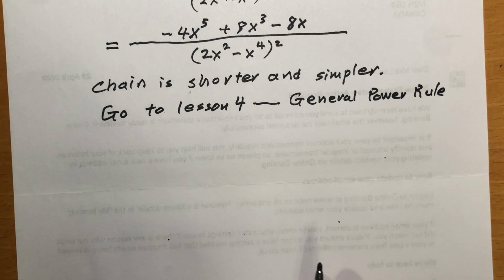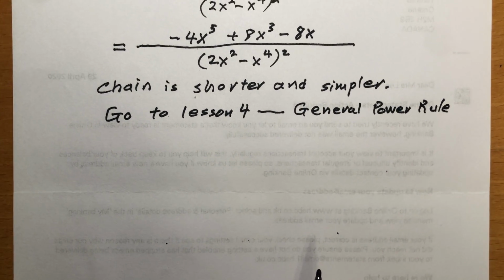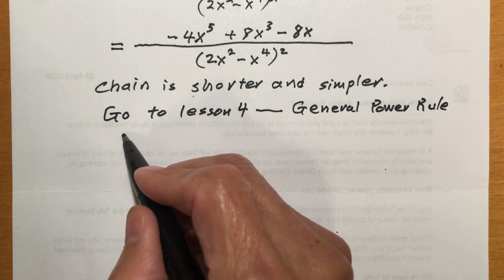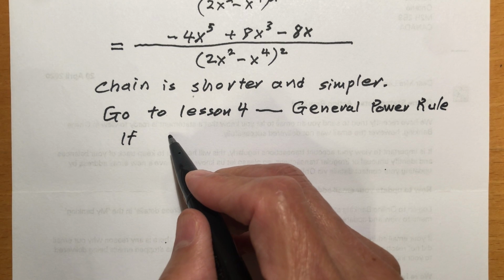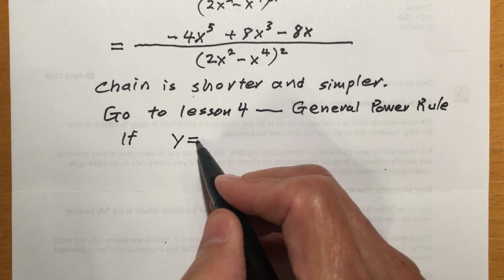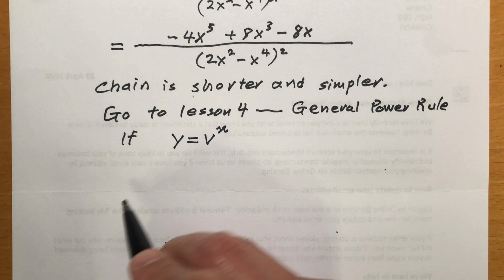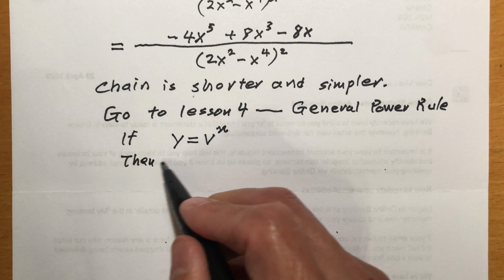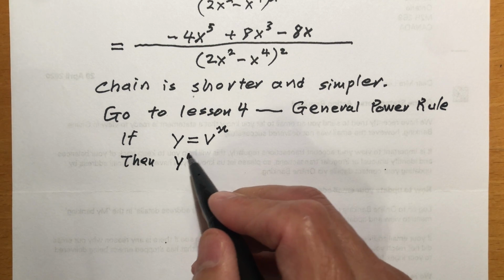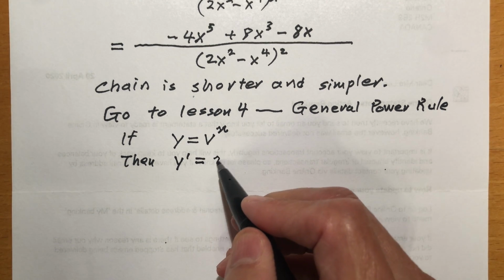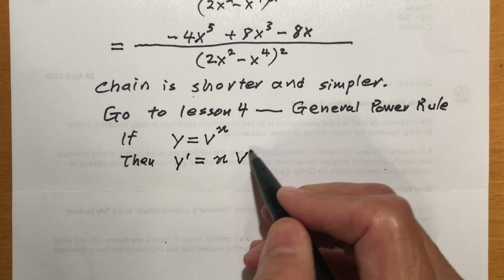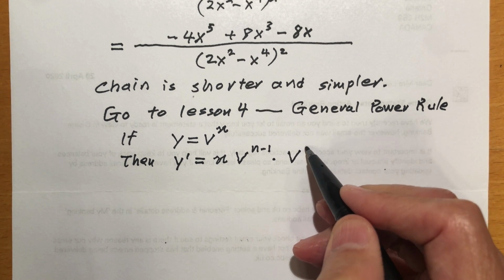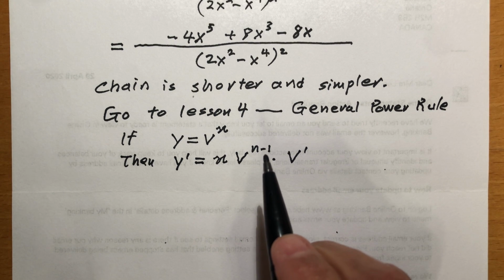Let me repeat what the general power rule is. The general power rule says if y is v to the power n, then the general power rule says the derivative is n v to the n minus 1 times the derivative of v.